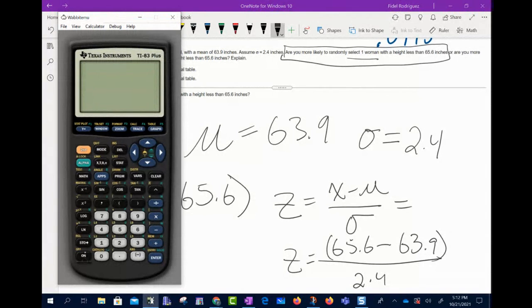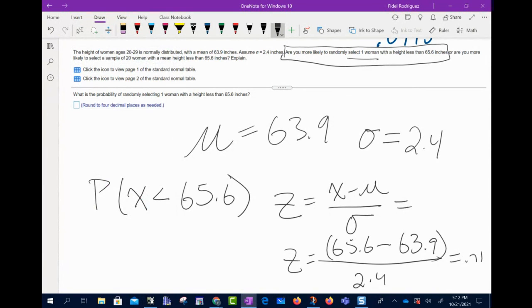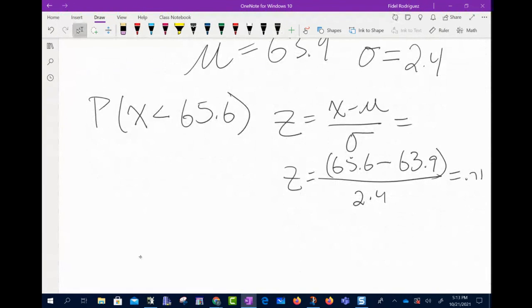Okay, so let me grab my calculator here. Let me turn it on, clear it out. So we're going to say 65.6 minus 63.9, and we're going to divide that by 2.4. And I'm going to go to 2 decimal places, y'all, because with the z-score, we always go to 2 decimal places. So I'm going to say this is a 0.71. Okay. So notice what I'm going to do here, y'all.